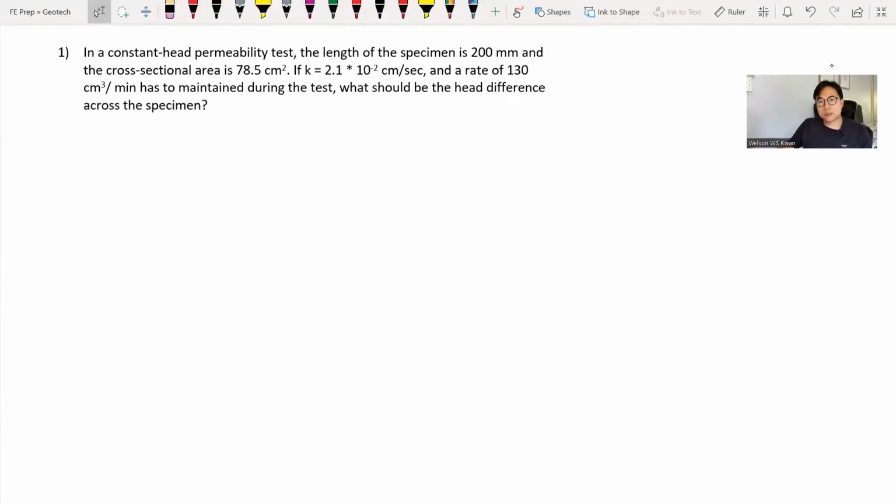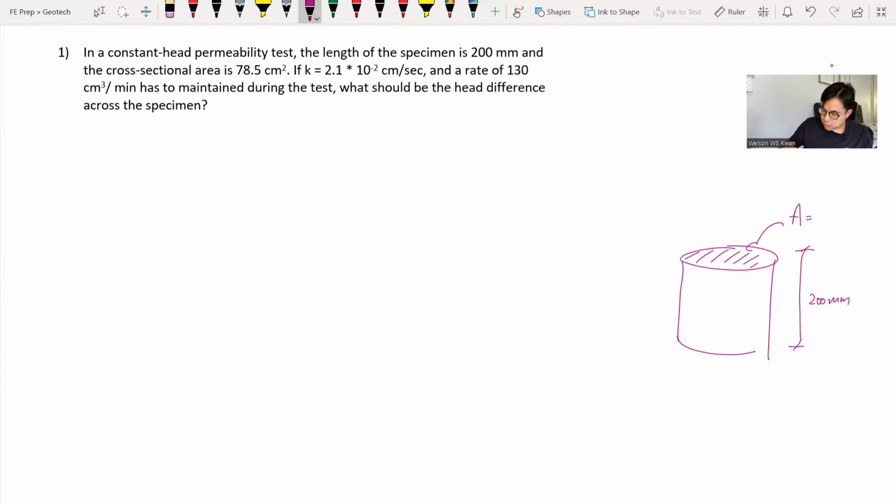Okay, so the first question comes with a constant head permeability test setting with a specimen length of 200 millimeters. We know the cross-sectional area is 78.5 centimeters squared.